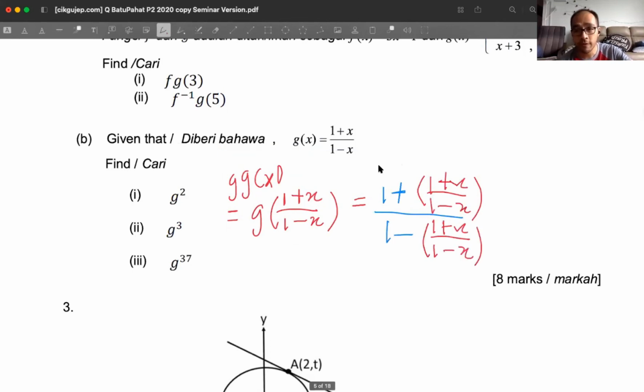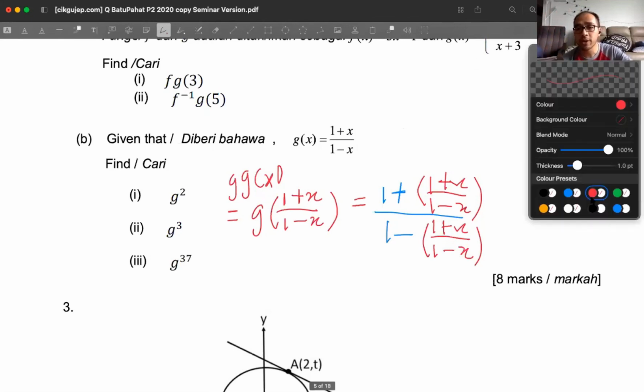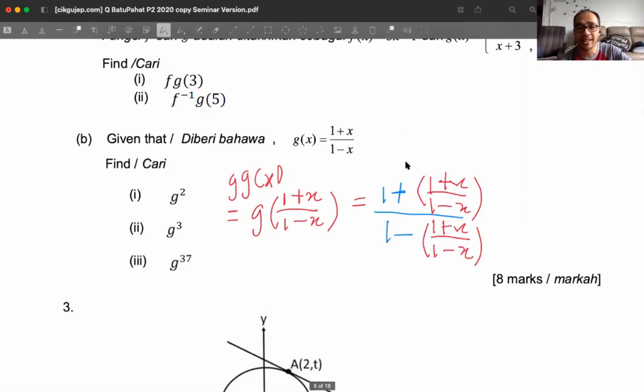Whenever you take a first look at this, it looks very complicated, right? So split it up first, do this, and then bring it back together. It's always good to do that. Changing color again. Sorry, my annotator is not working well. Just do the top first: 1 plus x over 1 minus x.